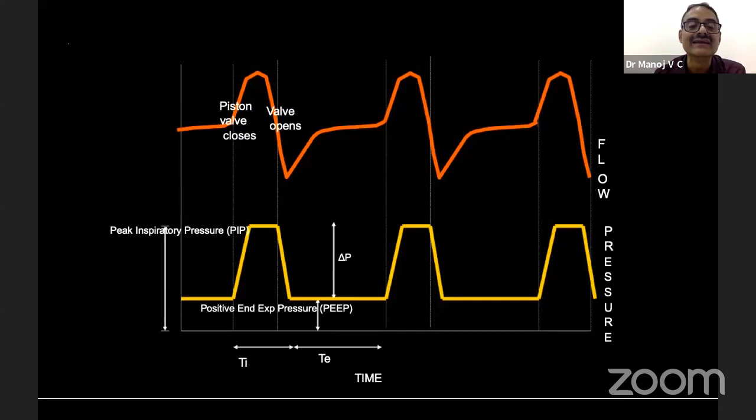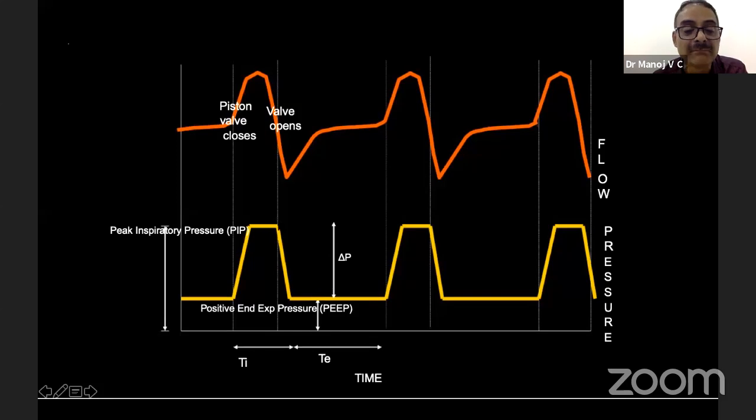When we define ventilation, I said the flow is what determines everything, and it's a pressure limited ventilation. So when the piston valve closes, flow of gas goes into the lung, and the positive pressure starts building. And when the valve opens, this pressure falls to a particular level, and then it remains at that pressure.